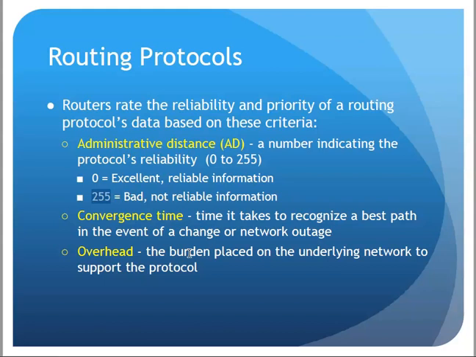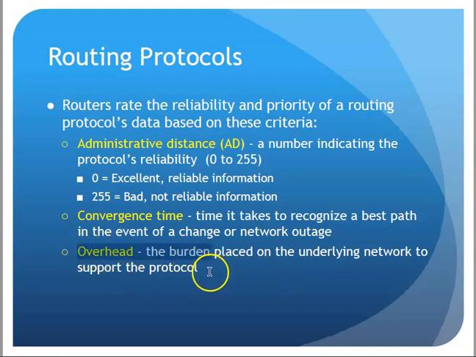Convergence time is the amount of time it takes a routing protocol to update to a change in the network. Some of our routing protocols are slow to converge because they literally need to pass the information from router to router to router to router. Other ones send the information to all the routers at the same time, so they're much quicker to update when a problem occurs.